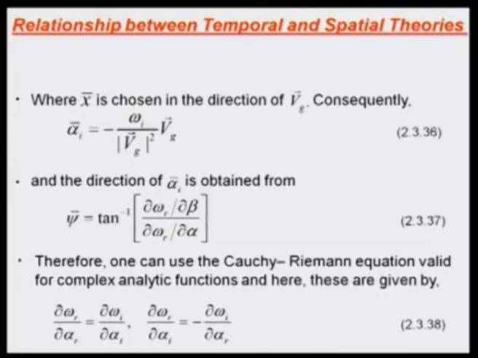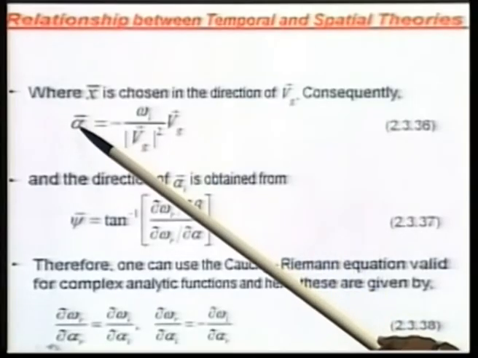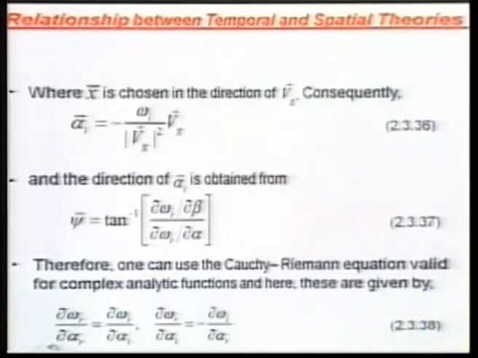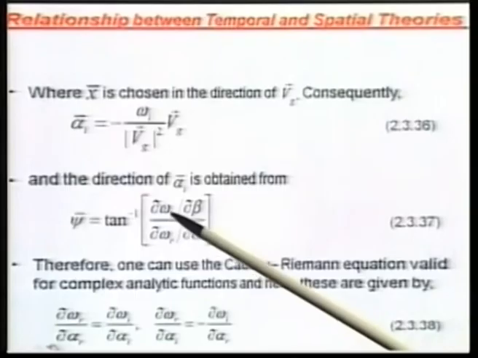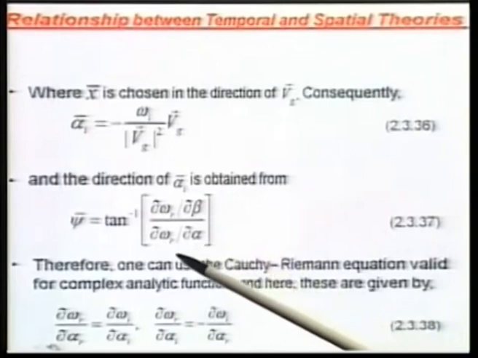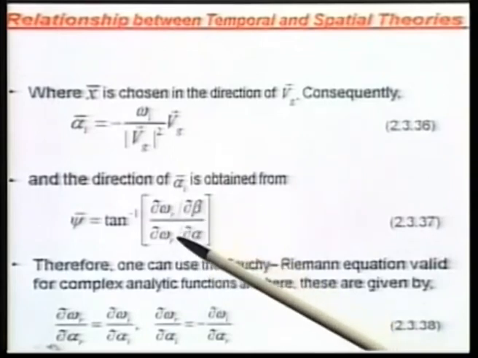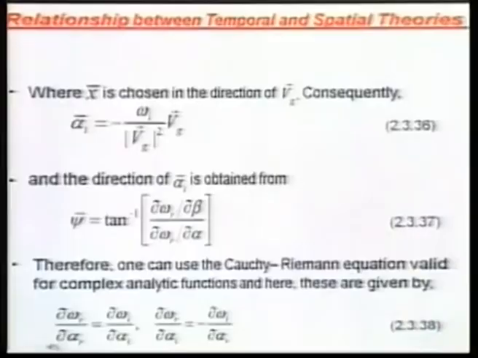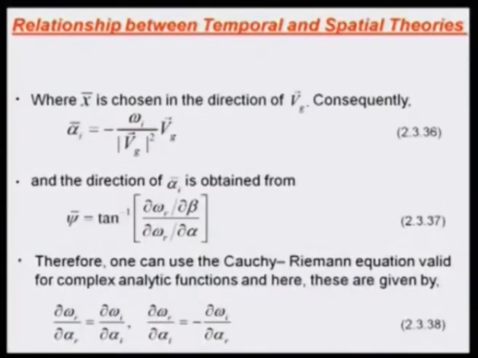Now, that is what we talked about, that we can actually relate the spatial growth rate with the temporal growth rate, provided we know the group velocity. And the group velocity components we have just now talked about. This is the group velocity in the z direction, this is the group velocity in the x direction. The ratio of the two defines that angle psi bar that we showed here. So, that is what you do. How do we get this?